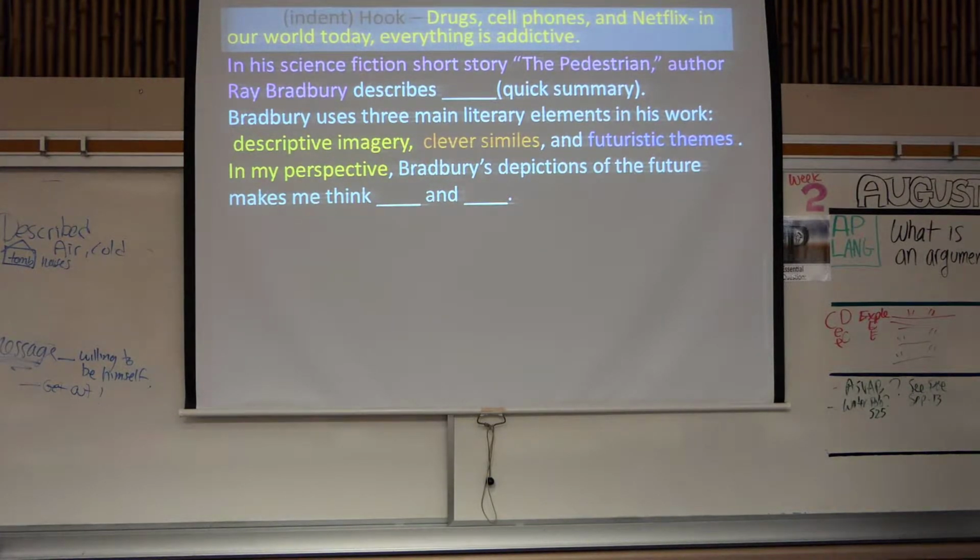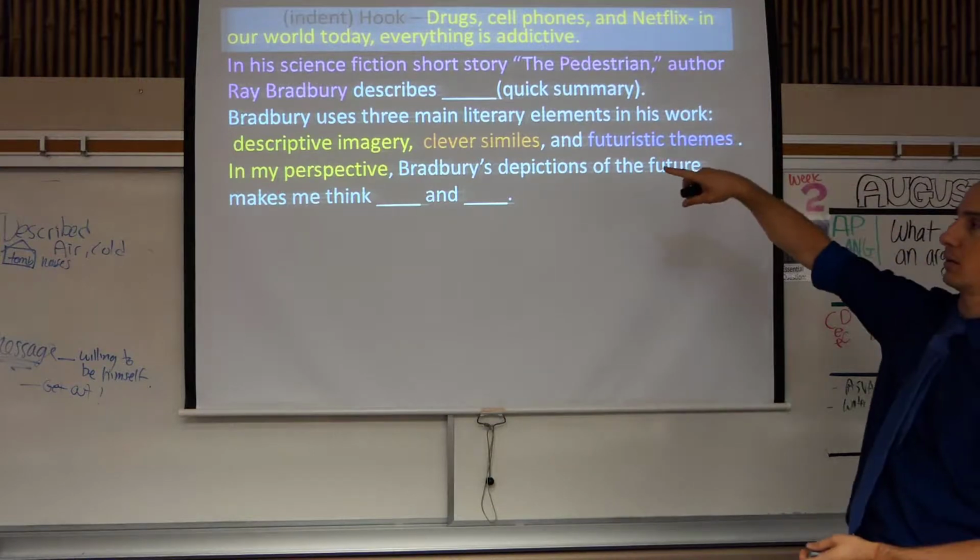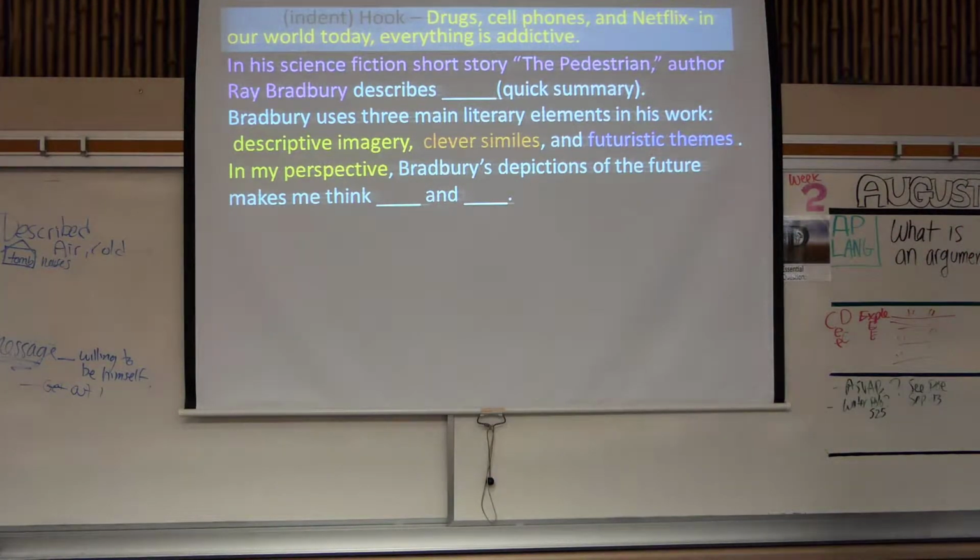Britsia, can you continue reading? In his science fiction short story, The Pedestrian, author Ray Bradbury describes a crazy world. Keep going. Bradbury uses three main literary elements in his work: descriptive imagery, clever similes, and futuristic themes.